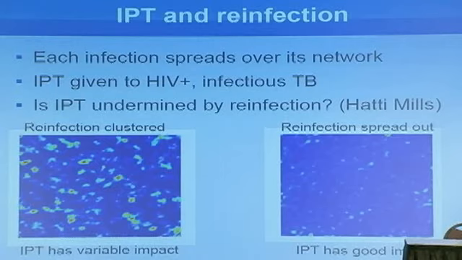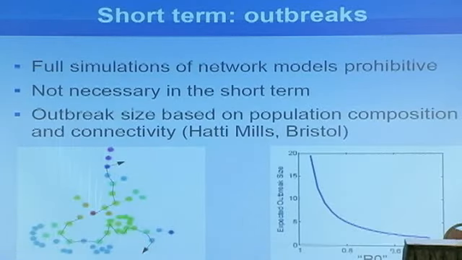So the results are highly variable in these cases. And the results are not so variable and really quite good, IPT looks great, in cases where it's not so likely that someone prevented from progression will, 2 years subsequent to that, just be reinfected and progress again. So that's network modeling.